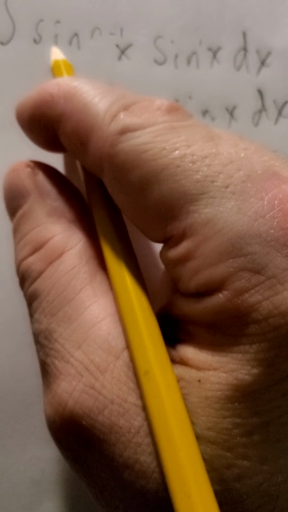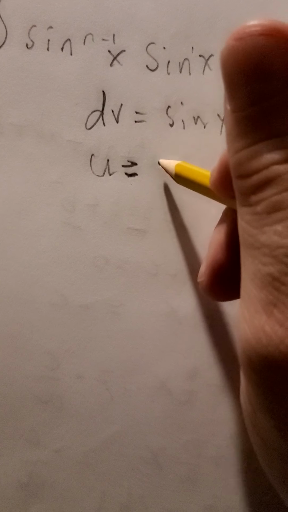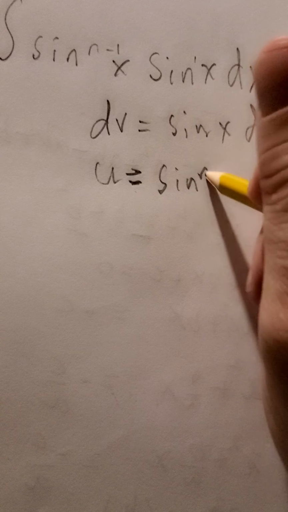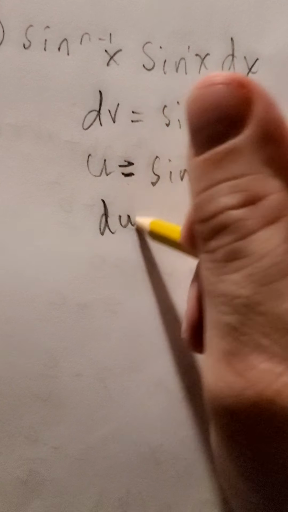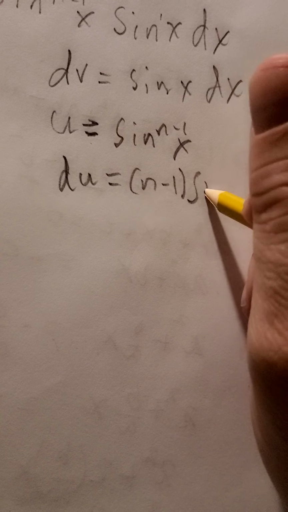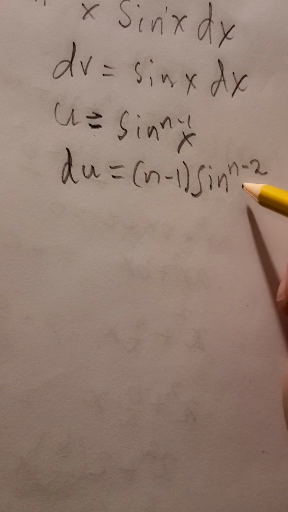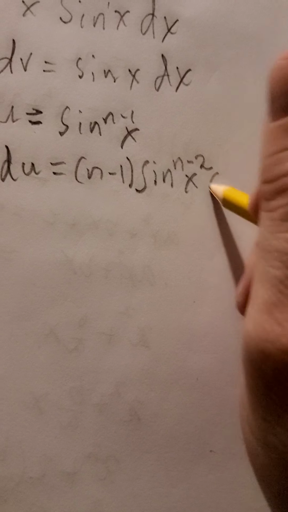Now I have to choose a u. The only thing I have left to choose is sine n minus 1 of x, right? So u equals sine n minus 1 of x. Okay, so du equals the quantity n minus 1 times sine n minus 2 of x cosine x.